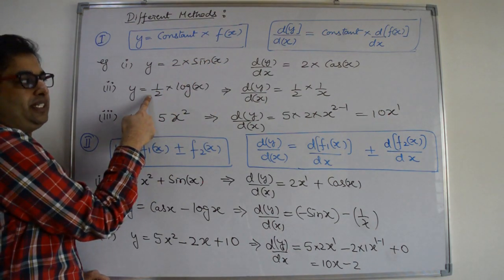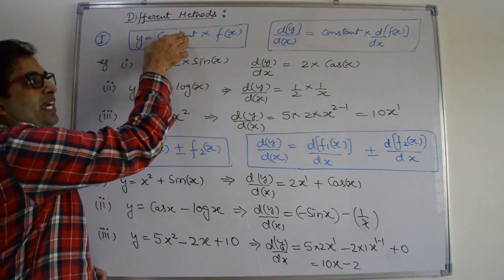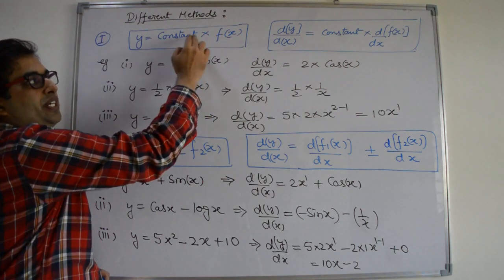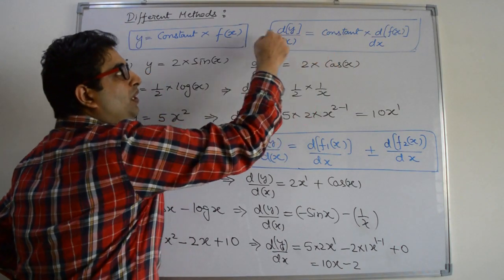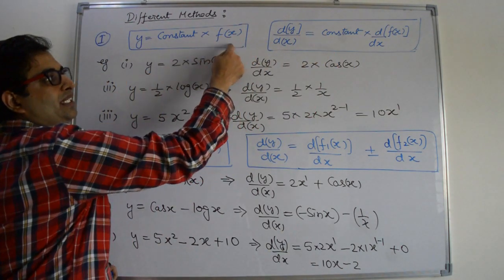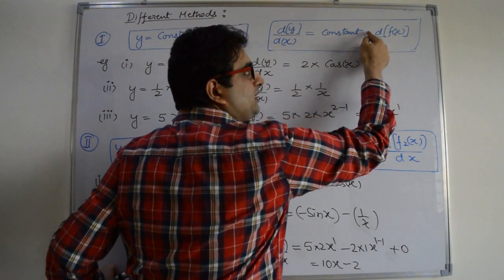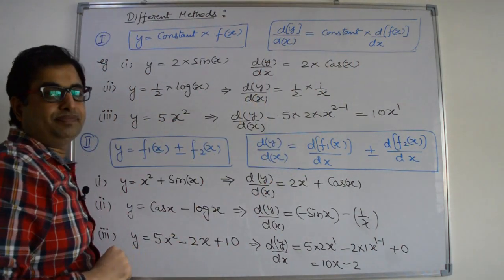Half is a constant, log x is in multiplication. So a constant quantity and an x dependent function. How to differentiate it? Constant will remain in multiplication. Only you have to differentiate the x dependent function. Constant will remain in multiplication.